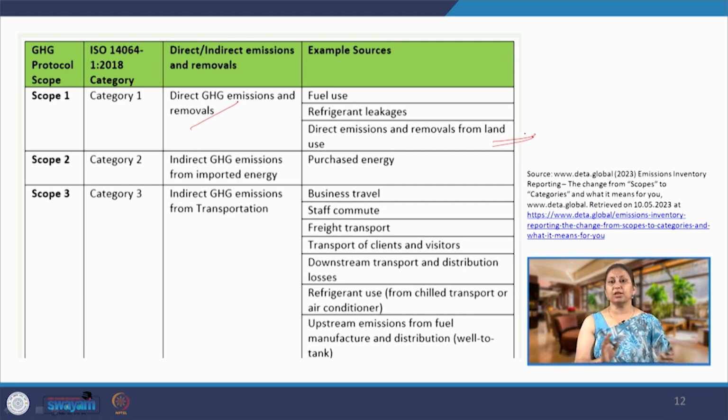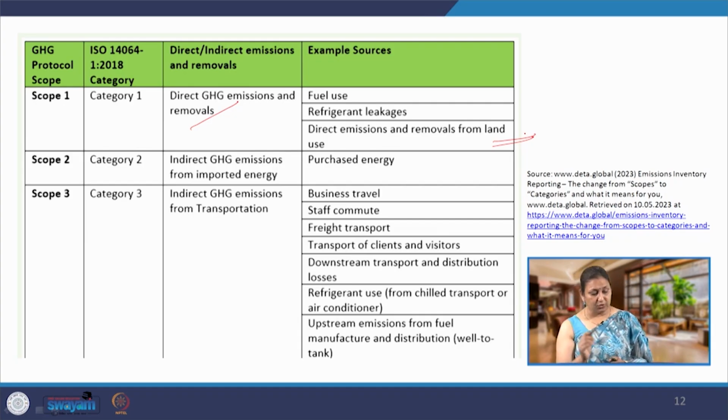Scope 2, all the emissions of scope 2 fall into this category 2, where we are talking about indirect GHG emissions from imported energy. So, basically purchased energy and its production elsewhere is what is going into category 2. Scope 1 and scope 2 are directly coming into category 1 and category 2, which is simple. Now, scope 3 has been divided into 4 more categories.